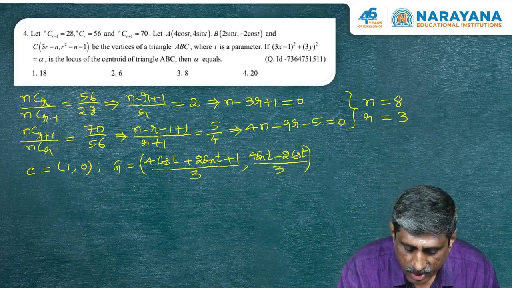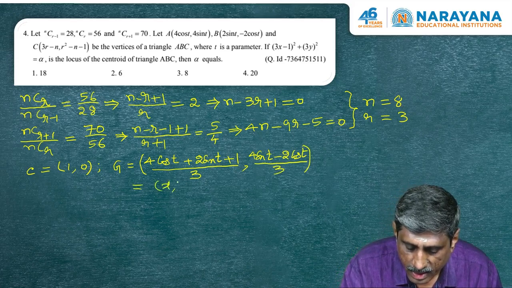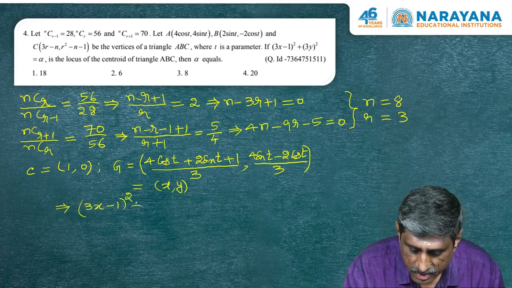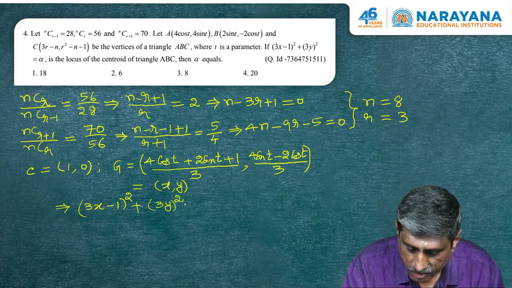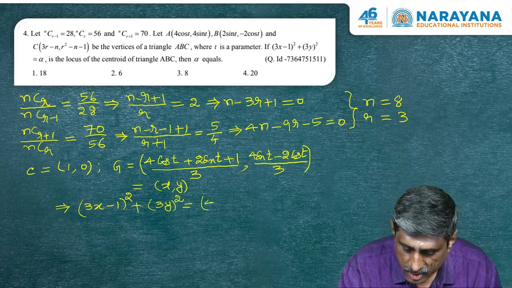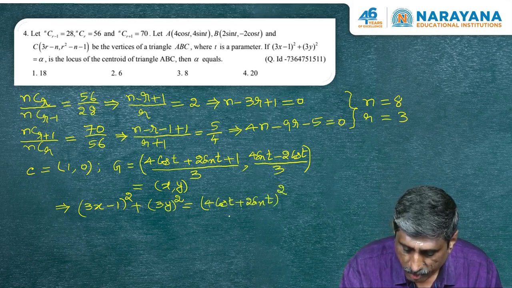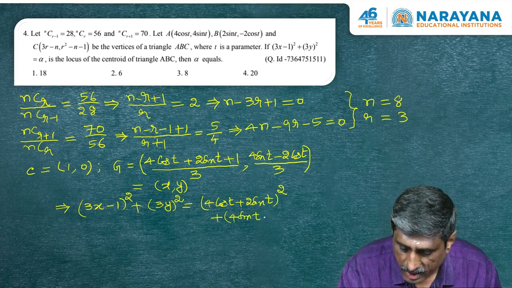Take it as x comma y and eliminate t. When we simplify, we get (3x minus 1) the whole square plus (3y) the whole square is equal to (4 cos t plus 2 sin t) the whole square plus (4 sin t minus 2 cos t) the whole square.